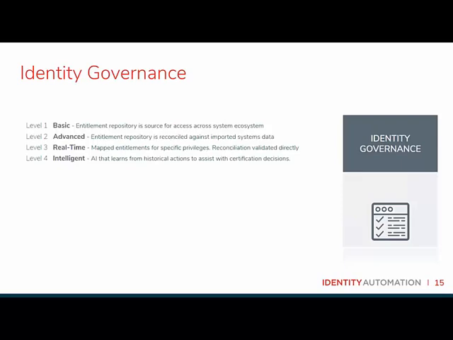I should be able to pull a report from the entitlement repository to see all of the accesses that you, Greg, have throughout all of the systems, including the paper trail that tells me who approved them, what, if any, comments they made, and if you've ever been recertified for them.